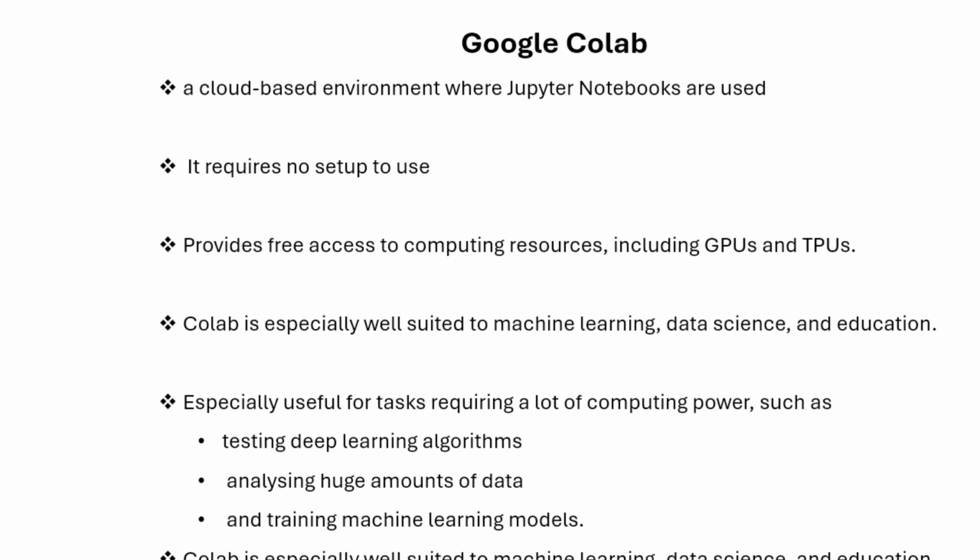Google Colab requires no setup to use. It provides free access to computing resources, including GPUs and TPUs. Colab is especially well suited to machine learning, data science, and education. It's especially useful for tasks requiring a lot of computing power.